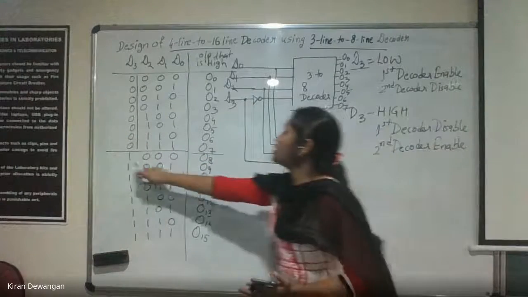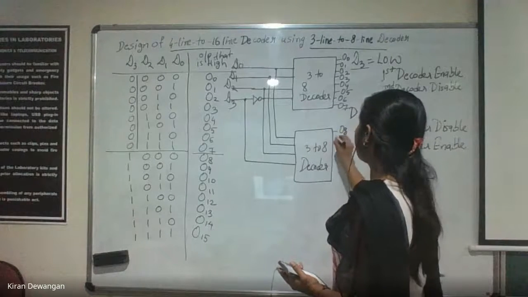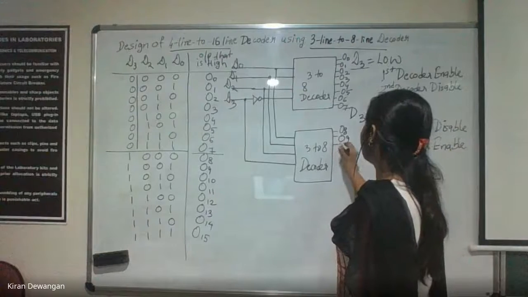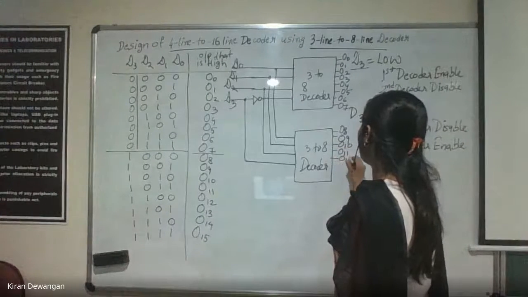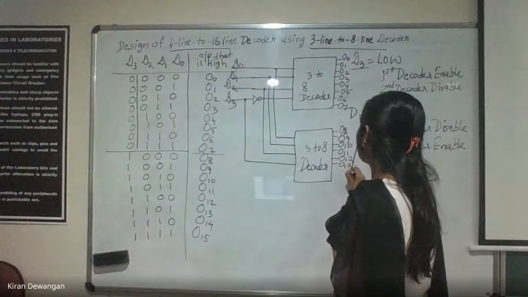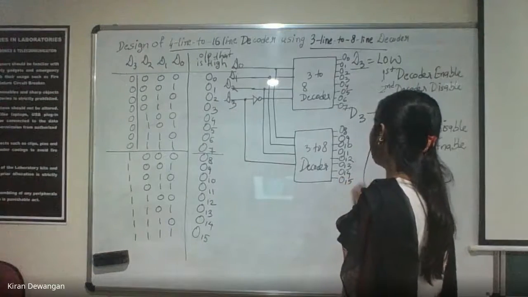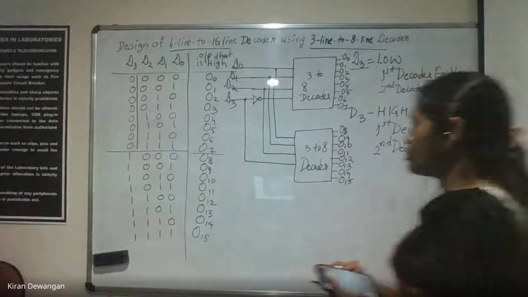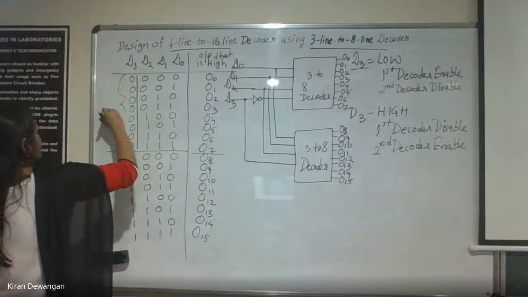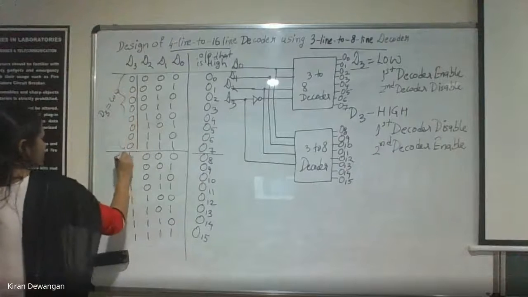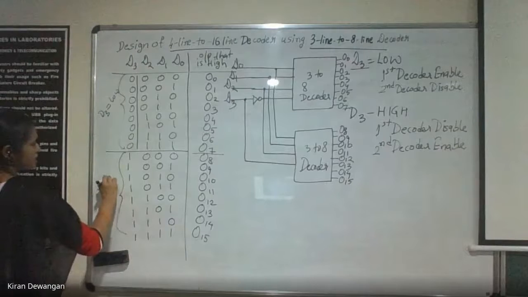Now when D3 is 1, we'll be getting the outputs O8, O9, O10, O11, O12, O13, O14 and O15. These are the 8 outputs. We get the first set when D3 is low, and this set when D3 is high.